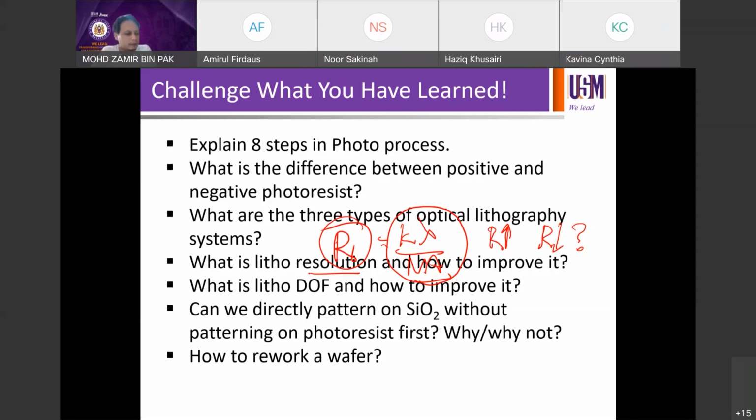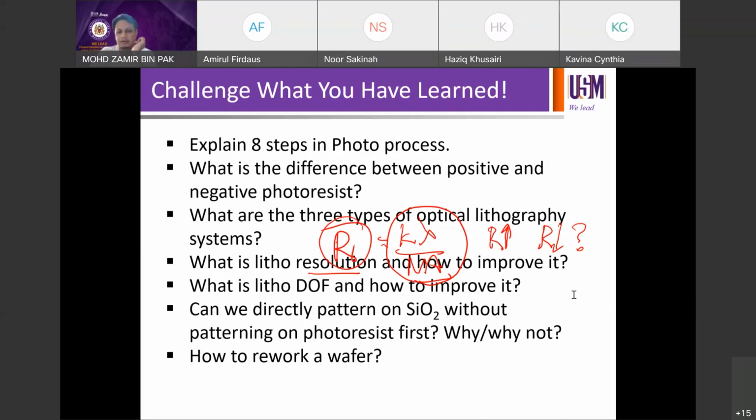Okay, no idea. Position. Okay, Juaria wrote something. Precision, Amirul said precision. Okay, Juaria said minimum feature dimension that can be transferred with high fidelity to resist.